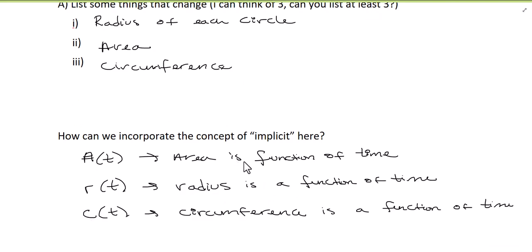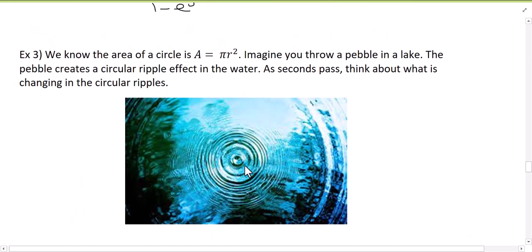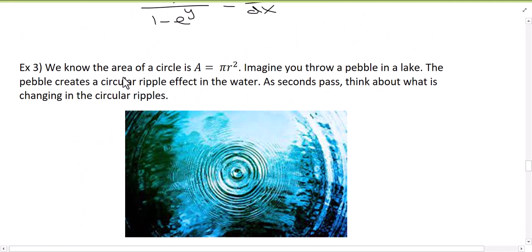So looking back at our area formula that I wrote up here, we have A equals pi r squared. Now this kind of leads you to believe that A is a function of the radius. Right here, A equals pi r squared, but now as seconds pass, what are changing are the radius and the area. So both of these are actually functions of time.